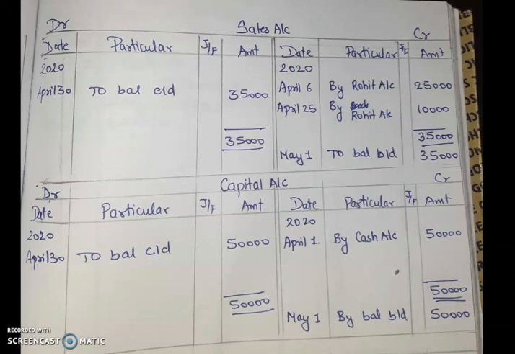If not, whichever side is short, on that side you will write to balance carried down, and the next month, that is May 1st, you have to bring it down by using the term to balance brought down. Okay, so this is how posting of items to the ledger is done.